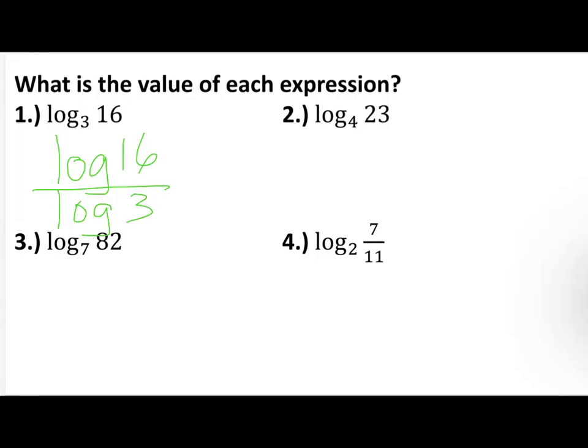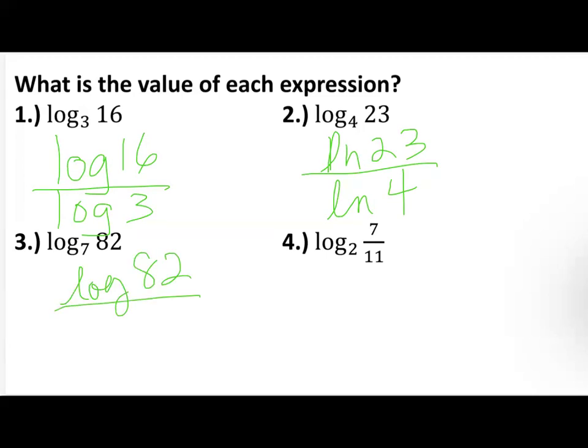You can always use natural log. You could go natural log of 23 over natural log of 4. You're going to get the same answer in your calculator. That's the beauty of the base change. Log 82 over log 7. Like I said, I've got the answers here in a little bit.